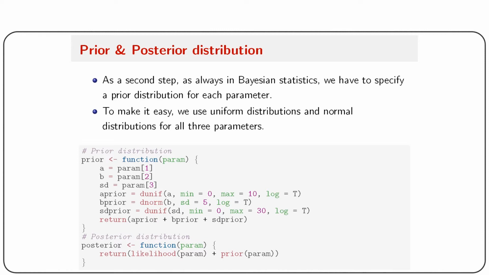The prior can be defined as a prior distribution: prior(param), with param 1, param 2 and param 3, and then aprior is dunif, the second one is dnorm, and the third one is from a uniform distribution, and return aprior plus bprior plus sdprior. And the posterior distribution is the log likelihood of the parameter plus the prior of the parameters, and that will give you the posterior distribution density.